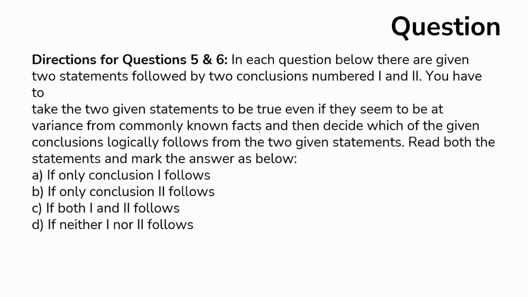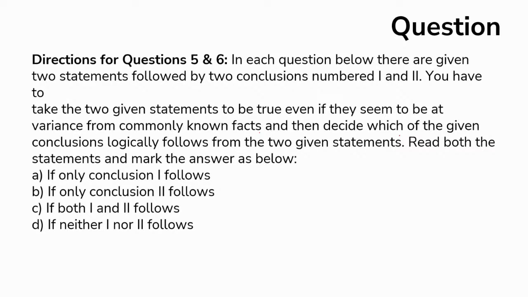Yes, guys. So what they're saying here is, in each question below, there are two statements followed by two conclusions numbered one and two. You have to take the two given statements to be true, even if they seem to be at variance from commonly known facts, and then decide which of the given conclusions logically follows from the two given statements.